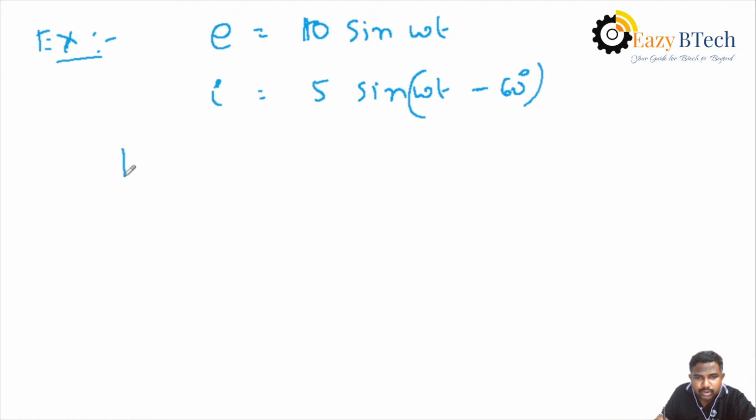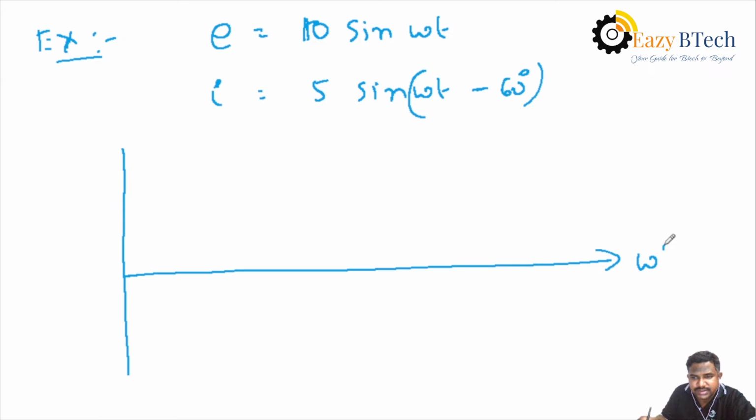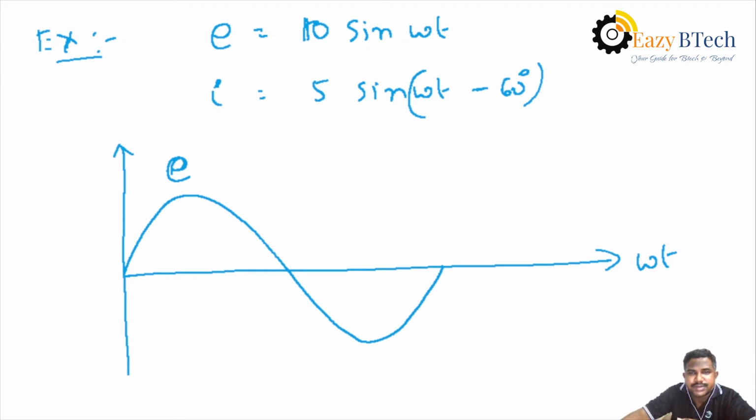Then you can draw two waveforms on a single reference axis, that is omega t, and for the voltage equation E, the phase angle is 0. That's why it passes through the origin, this is called the voltage waveform. Similarly, what is the current waveform here? Minus 60 degrees. That means the current is starting after the origin.